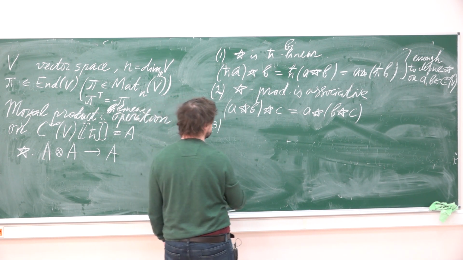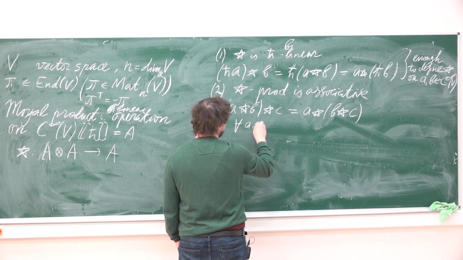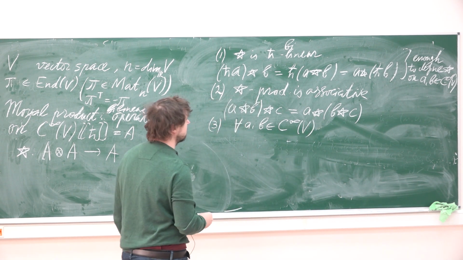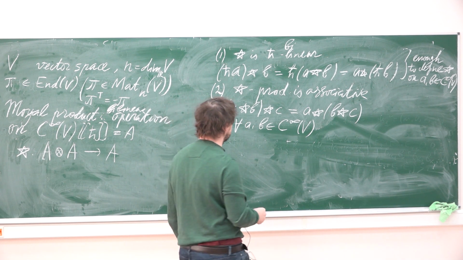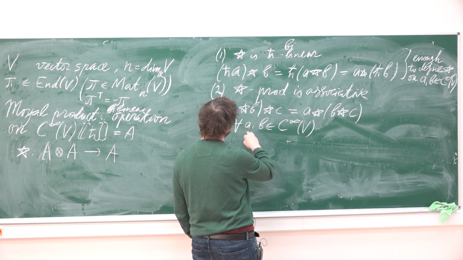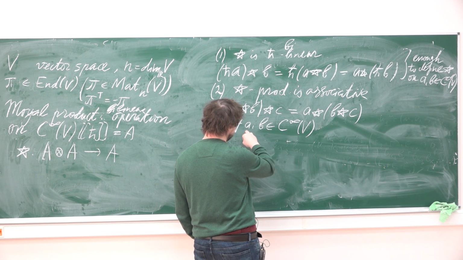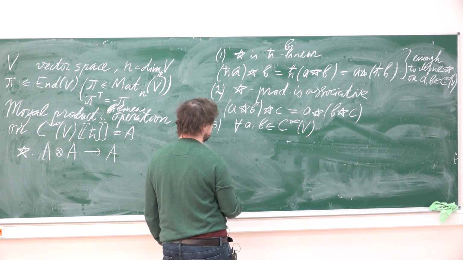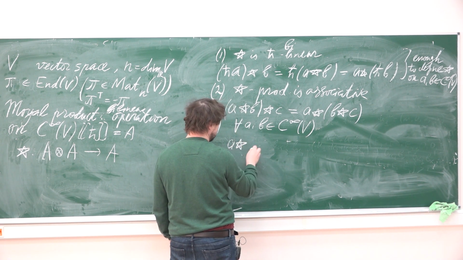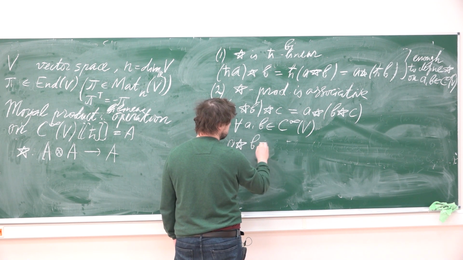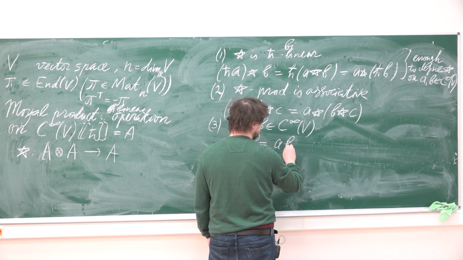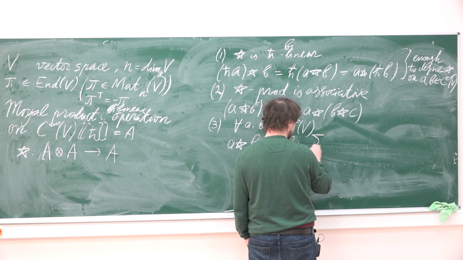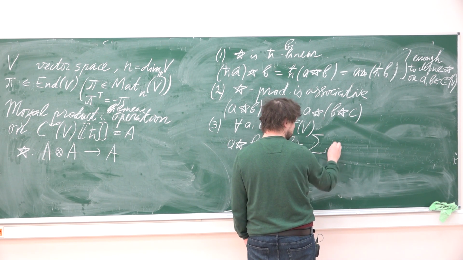Number three. It is the following. For any A and B in C infinity of V, so let me first cut down the domain, just to be able to write a shorter formula. Then the product A star B begins with the usual product of A and B plus something which looks like a power series in h bar.